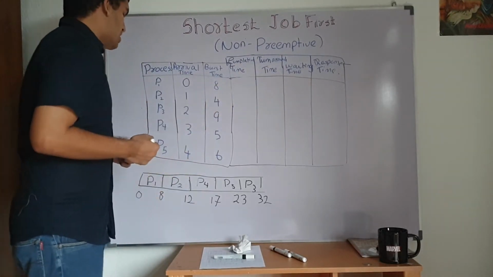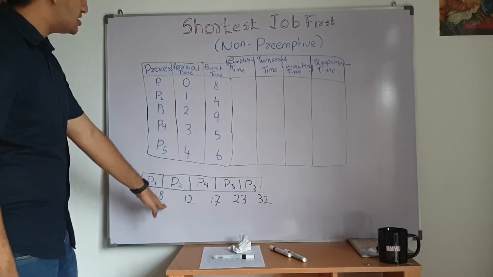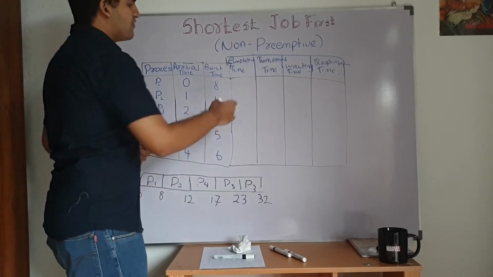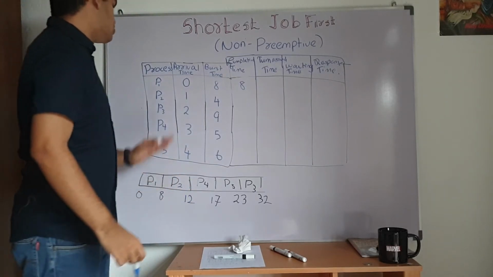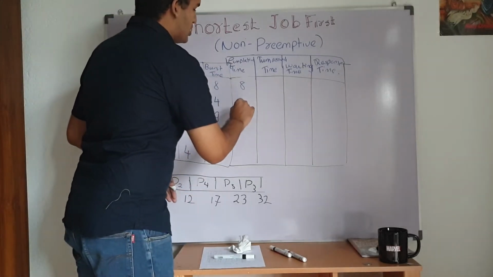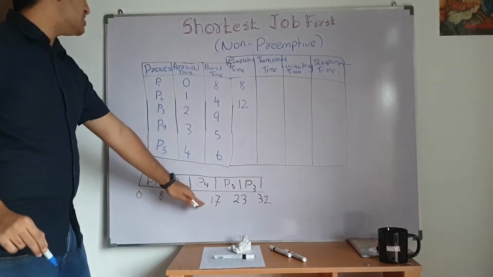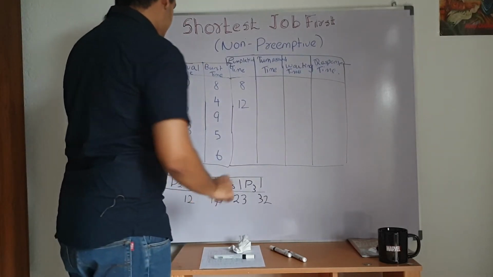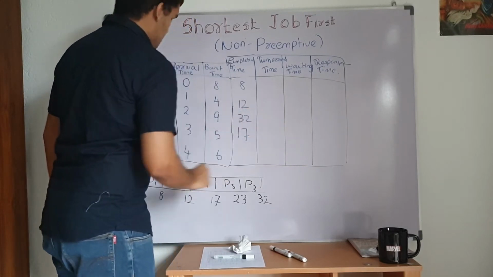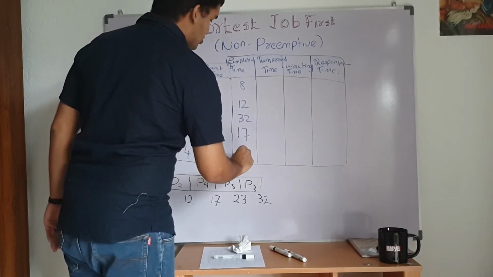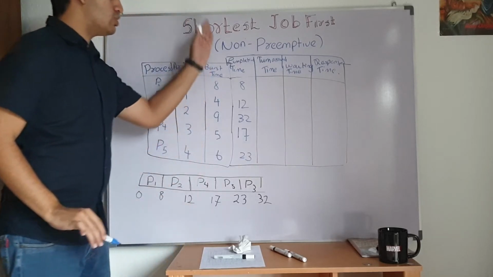Completion time is when P1 completes. It's 8 here, therefore we put 8. P2 is completed at 12. P4 is completed at 17. P3 is completed at 32. P5 is completed at 23.